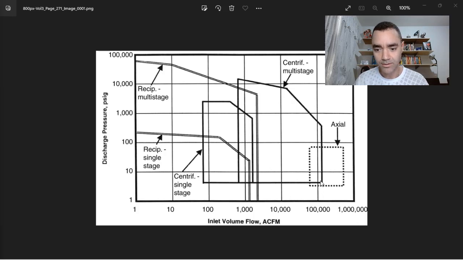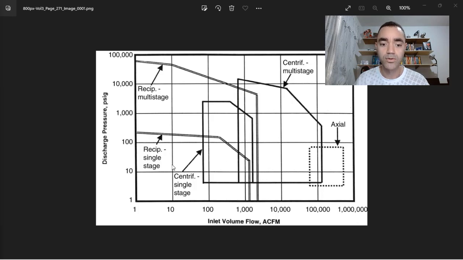There is another delimitation here for the use of centrifugal multi-stage compressor. So based on this range, you should evaluate, or you should consider the use of a centrifugal multi-stage compressor. But there is a boundary, there is an interface between the reciprocating multi-stage compressor and the centrifugal multi-stage compressor, where both of them could be used.